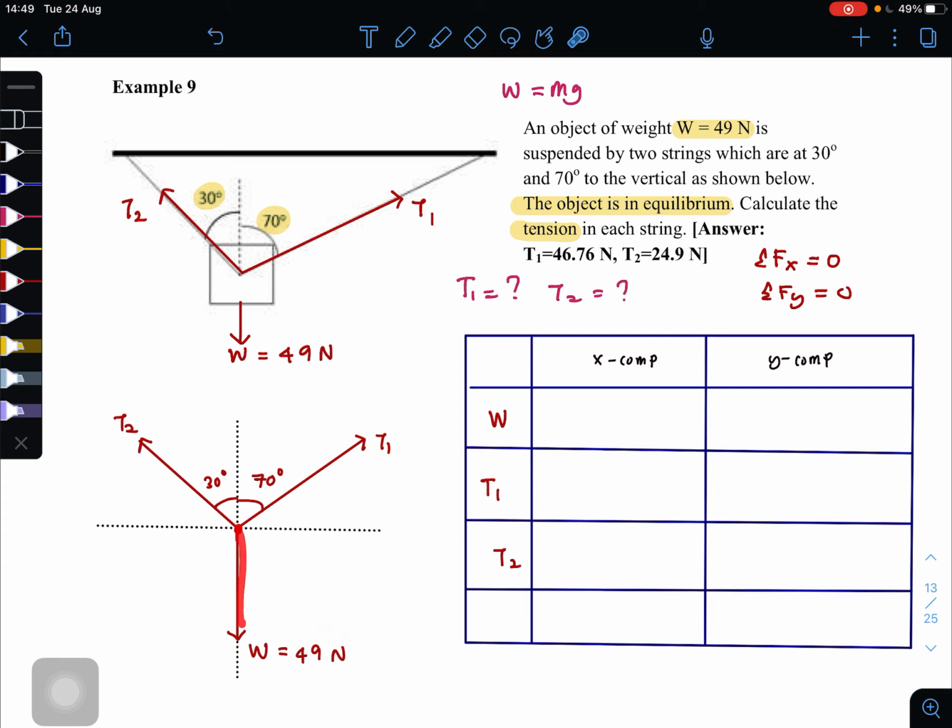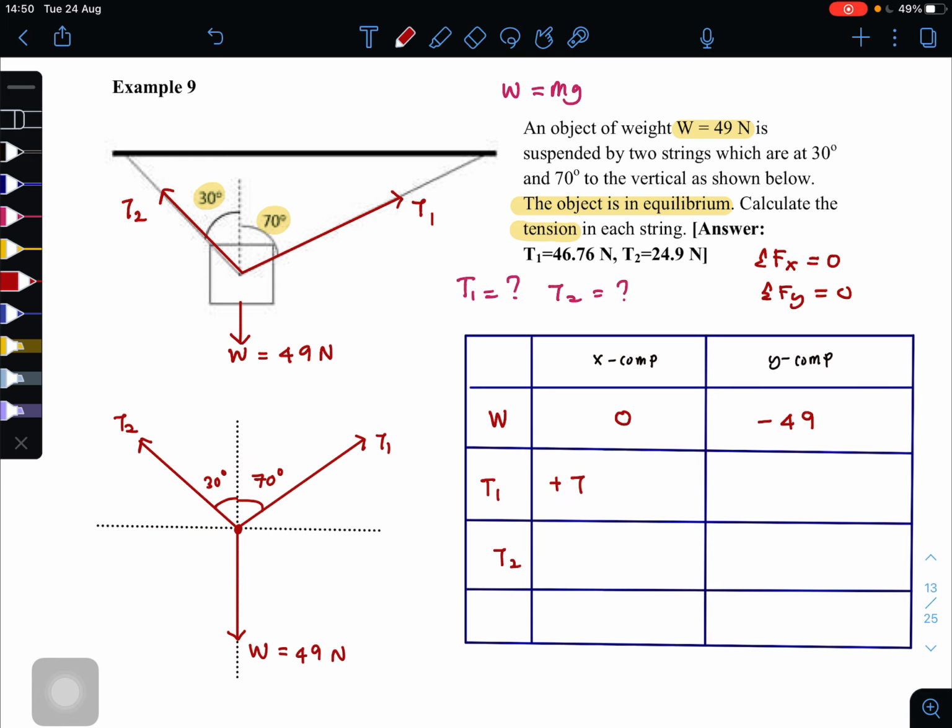Okay, so first the weight force. Weight force is on the y-axis, which means only on the y-axis will we have a value, x-axis will be equal to zero, and it is going downward, which means it is negative. So negative 49. If there is a value, we directly put it in the table. And then we look at T1. T1 we will resolve into x and y. For x, it's to the right, meaning that it is positive.